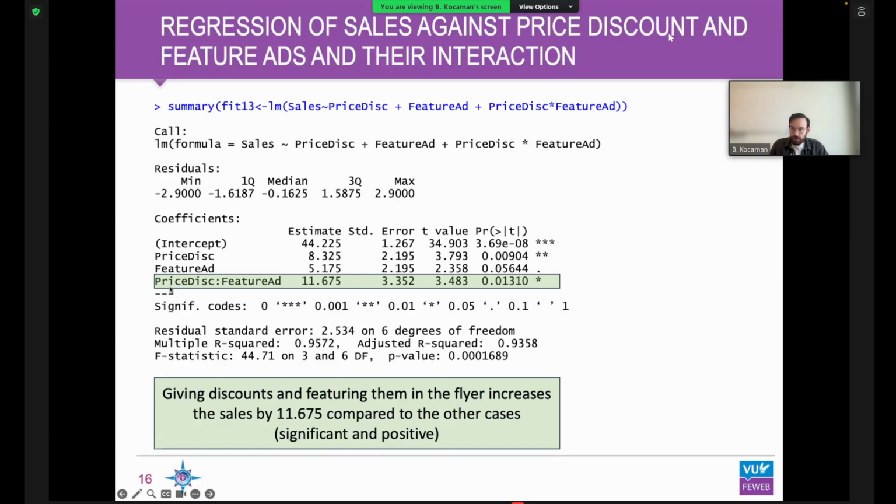Here, for the moderation, we focus on this line. So price discount, colon, feature ad, meaning the interaction effect of price discount and feature ad. And this means that giving discounts and featuring them, so whenever they are both 1, right? In this case, remember that these are both dummy variables.